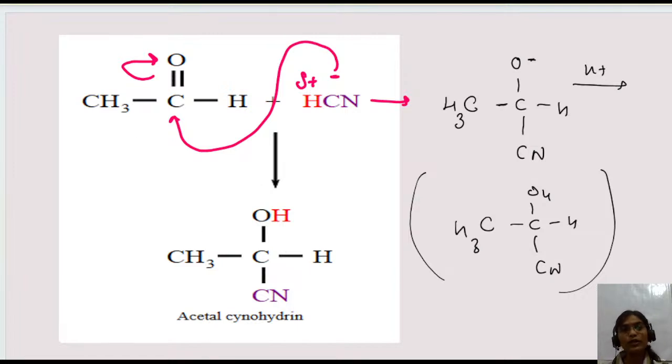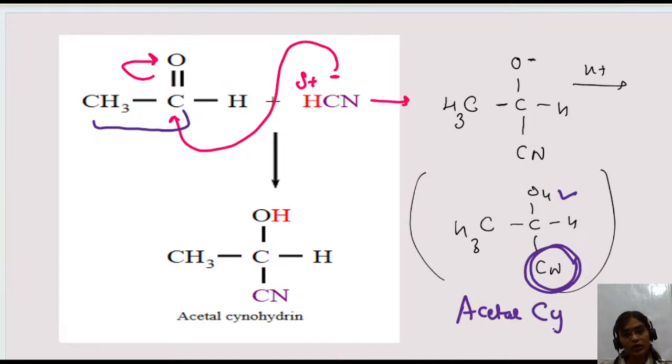The name is very important, a really important part of the biochemistry topic. It's acetyl because there are two carbons, and cyanohydrin because a cyanide group and a hydrogen are connected, so this is known as a cyanohydrin.